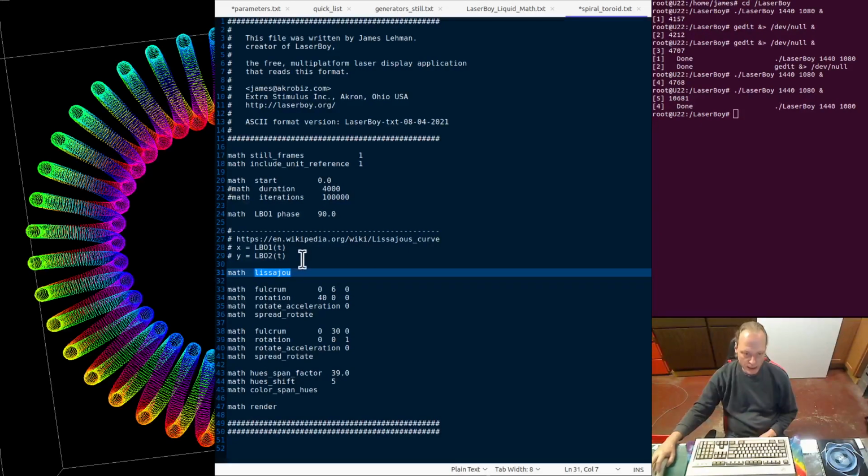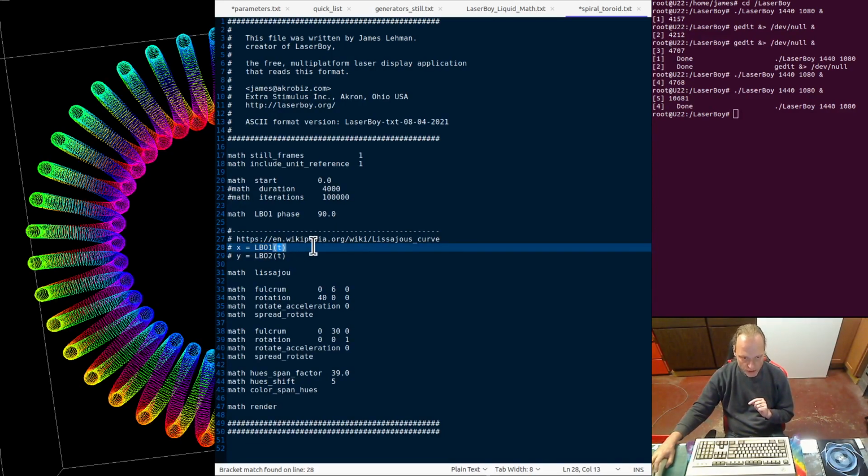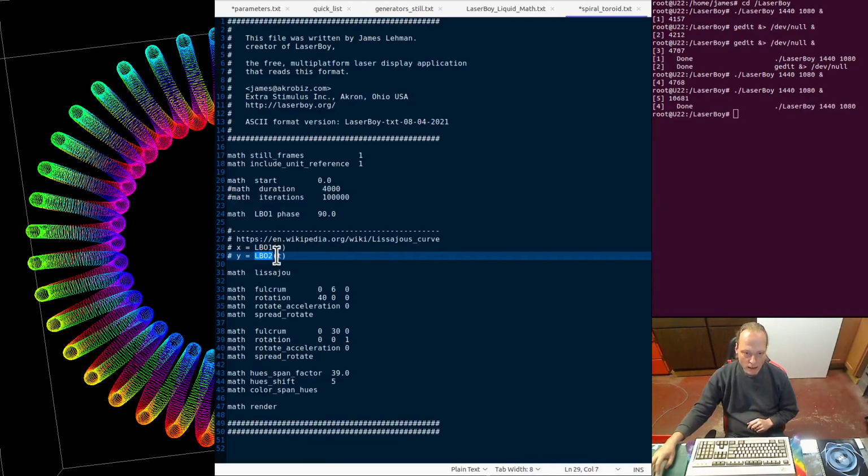The Lissajous generator uses 2 LaserBoy oscillators, numbered 1 and 2. And all of the x coordinates are going to be derived from the value of the LaserBoy 1 oscillator of t, which is the number on the interval from 0 to 2 pi. And this is the sine of t. And when you plot those, well, I'll show you.